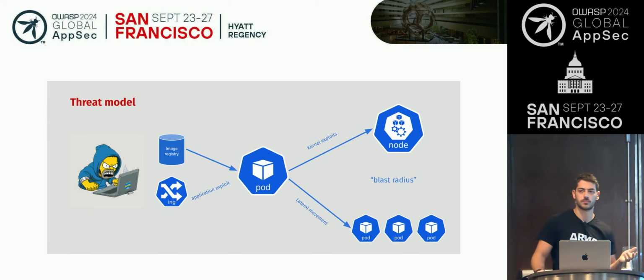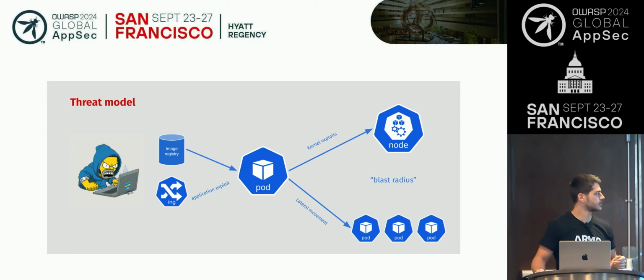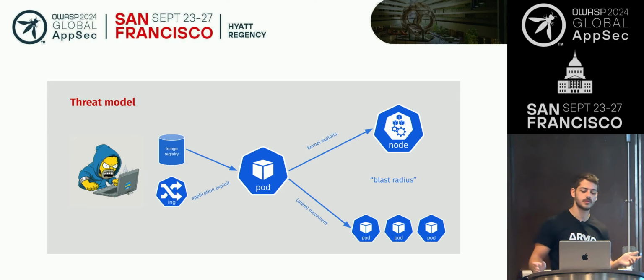Assuming he's running code on your pod, it can do mainly two things, right? So the first one is container escape, and if anyone was in my talk yesterday where we covered some container escapes, an attacker can escape the container, execute code on the node, and once an attacker is on the node, it has access to the kubelet configuration and secrets and everything, so it's basically game over.